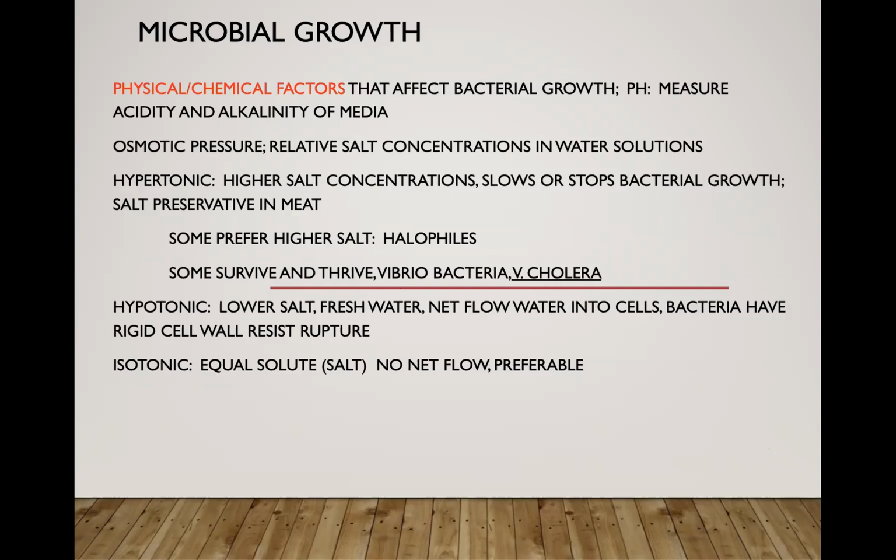Depending on the concentration of salt, these solutions can have varying effects on the cell in terms of the cell taking up this saltwater solution. Hypertonic solutions have a higher salt concentration, and it's actually toxic for bacteria. It's going to stop bacterial growth. Hypotonic solutions have a lower salt concentration, increased fresh water.